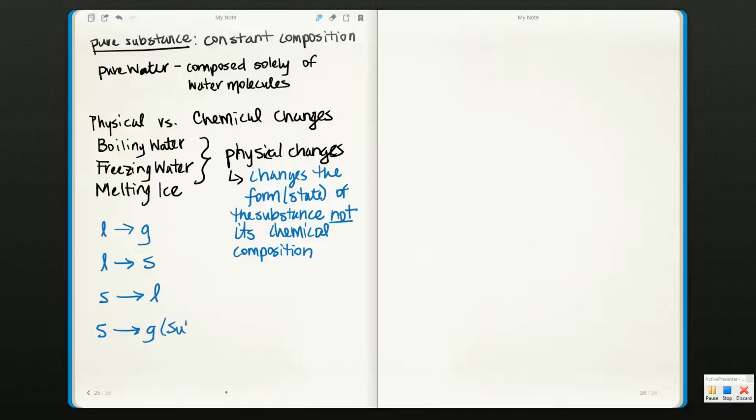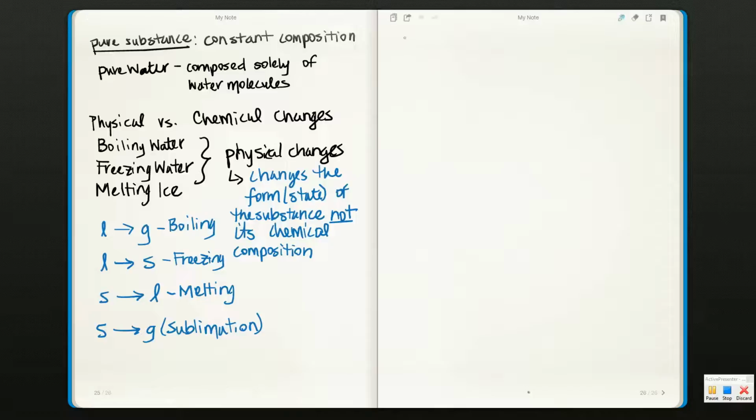So this is called sublimation, and that is also a physical change. So this would be boiling, freezing, and melting. So any of these four changes is a physical change. So boiling, freezing, melting, or subliming something is a physical change.